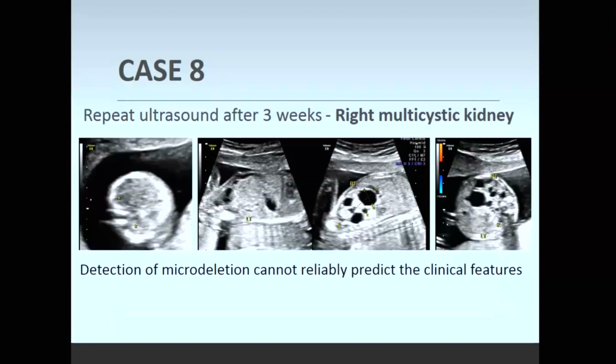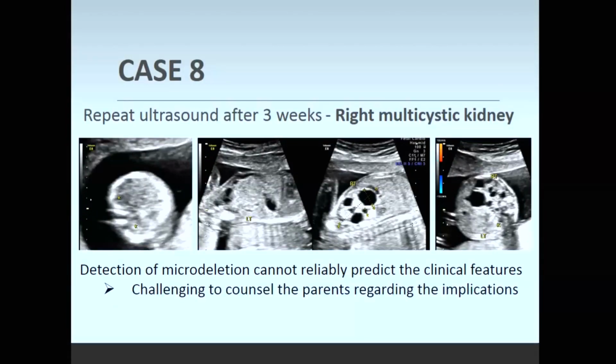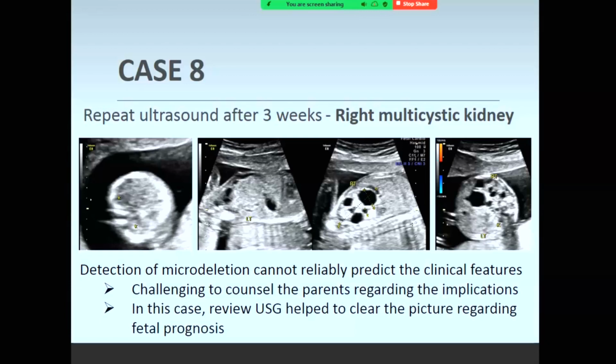In some cases, only detecting a microdeletion will not be able to predict the postnatal phenotype, and in this case, it will be challenging to counsel the parents regarding the implications. So in this case, the review ultrasound somewhat cleared the picture regarding the fetal prognosis.